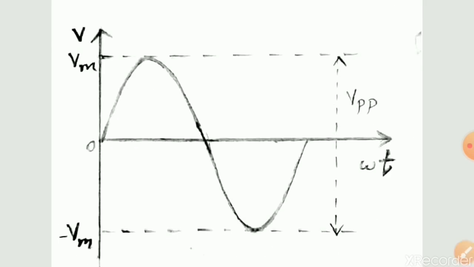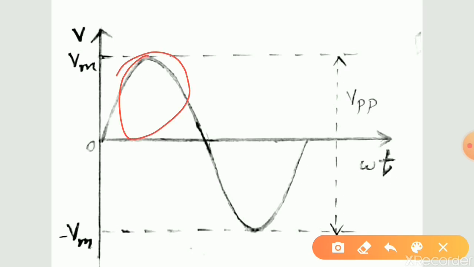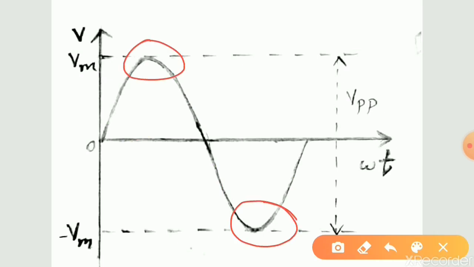The next term is peak value. The positive or negative maximum value attained by a waveform is called the peak value. It is also known as amplitude. The maximum positive and maximum negative points in a waveform are called the peak value.